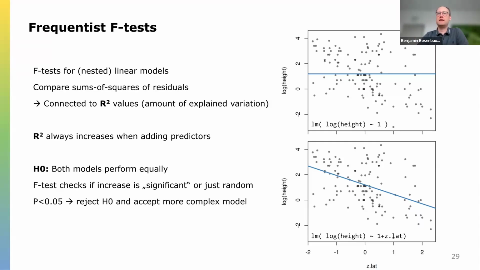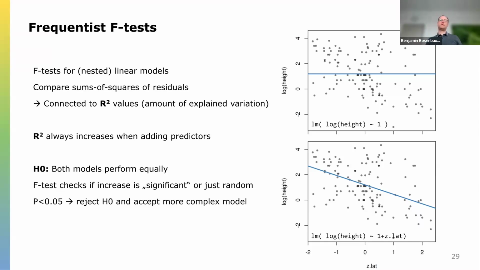They are a measure of comparing R-squared values. These R-squared values, so the amount of explained variation, will always increase if you add predictors. So the R-squared value can't get worse if you add predictors in a linear model.